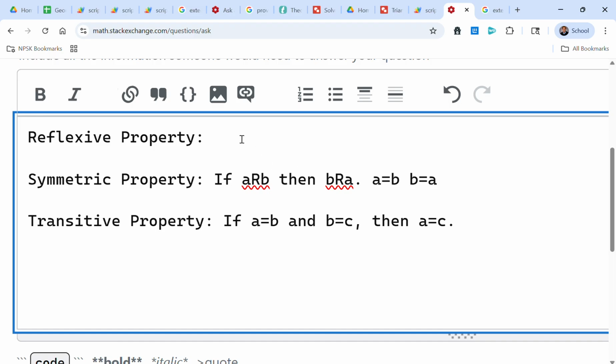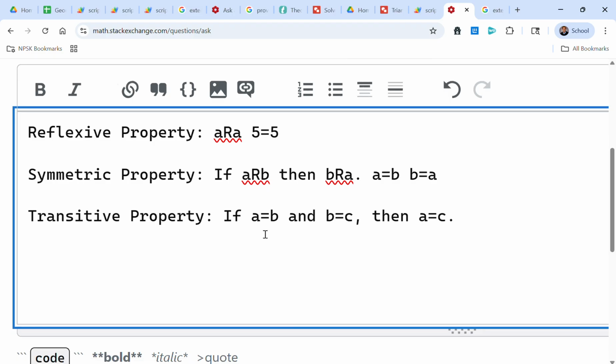And then the reflexive property states that A is related to A. So in other words, 5 equals 5. We don't really use the reflexive property that much because why would you write 5 equals 5? So those are the 3 properties.